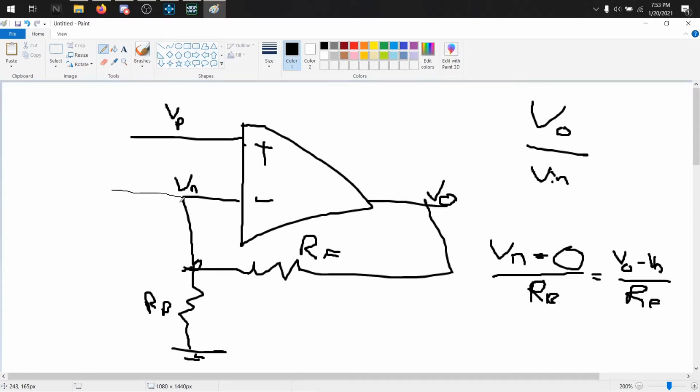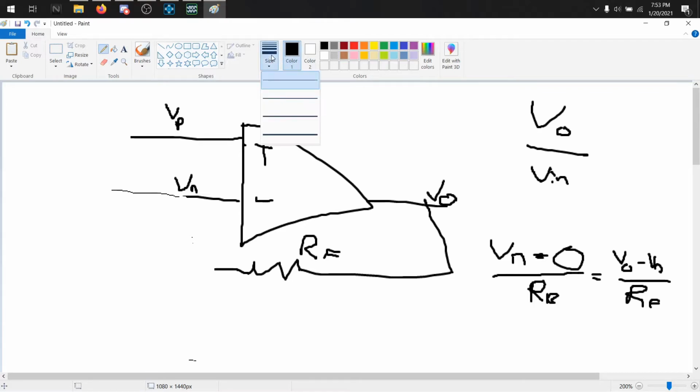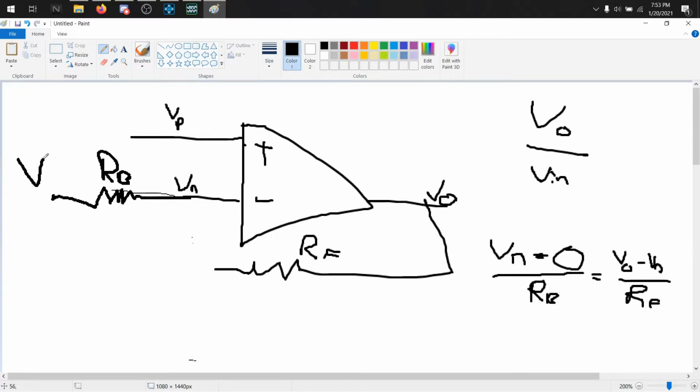So it would be, get rid of this. All right. So this resistor here, RB, and then here's your VN. All right, there we go. That's what I've got wrong.